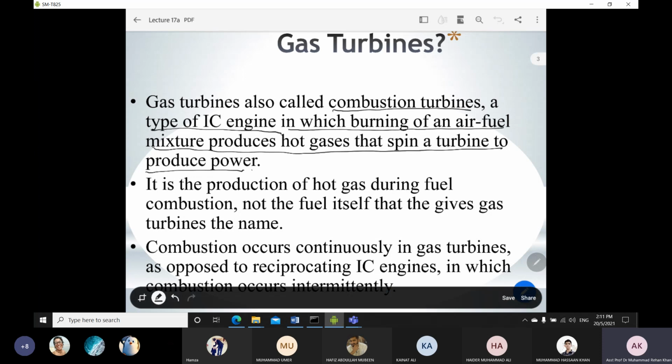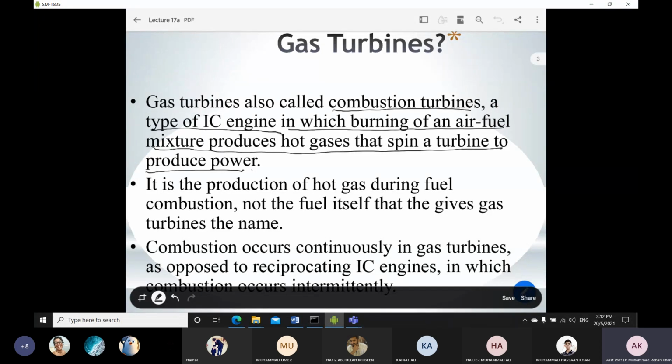An important point, in comparison to the previous cycles, that is the diesel engines, Otto engines or fuel engines, is that there we produce a combustion process in order to generate reciprocating motion.